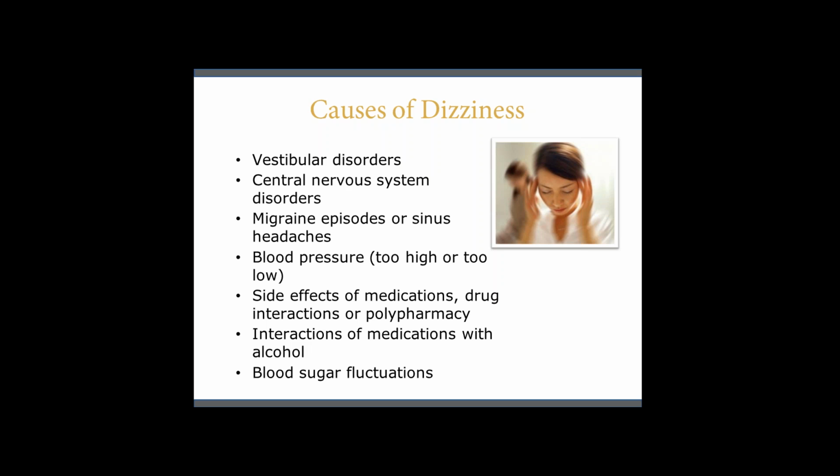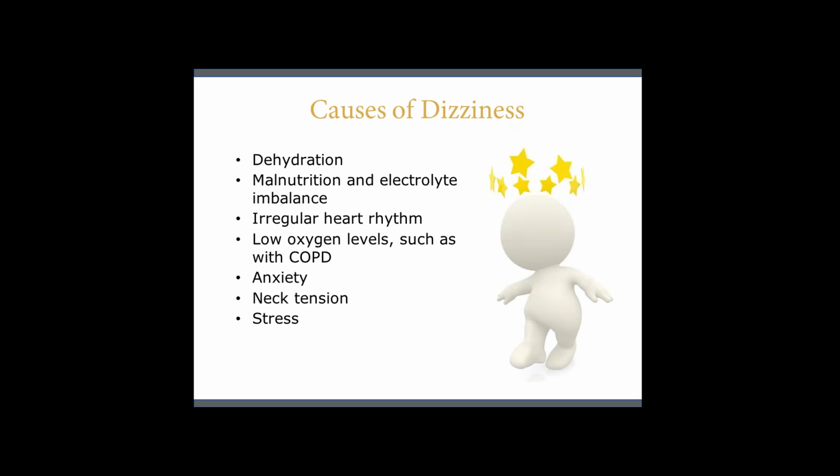Migraines or sinus headaches can cause dizziness. We have the vestibular migraines that can cause vertigo. Blood pressure issues, medication side effects, drug interactions, use of alcohol, and blood sugar fluctuations, especially in people with diabetes that become hypoglycemic or hyperglycemic. We have dehydration contributing to dizziness. Now that's going to be especially amplified in our older adults, for 2 reasons I've seen.